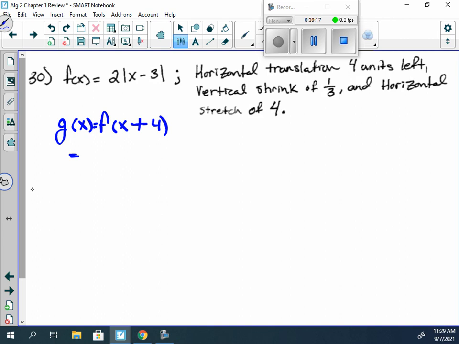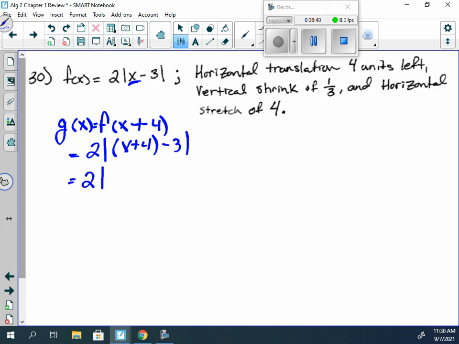So we start off with f of x is equal to 2 times the absolute value of x minus 3, yes? Do I have f of x anymore? No, we have f of x plus 4, yes? So that means this x here has to be replaced with x plus 4. So we're going to have 2 absolute value, parentheses x plus 4, minus 3.